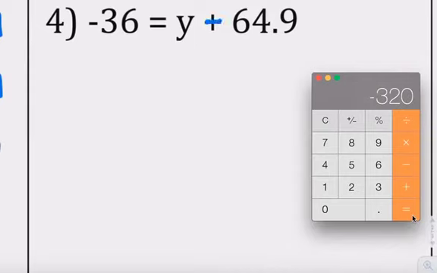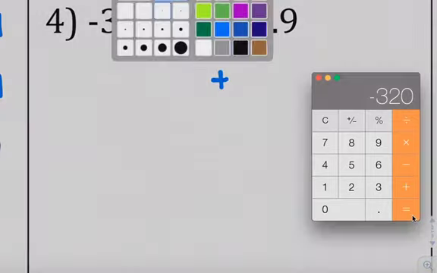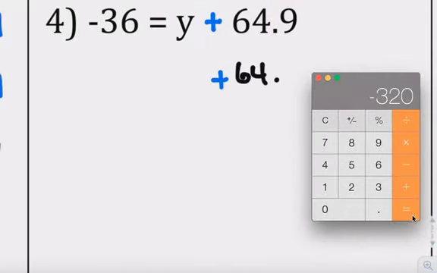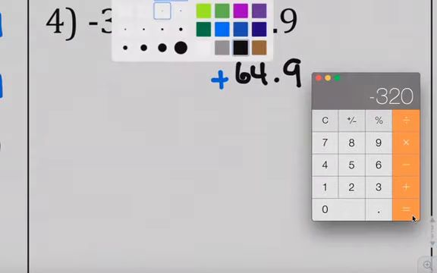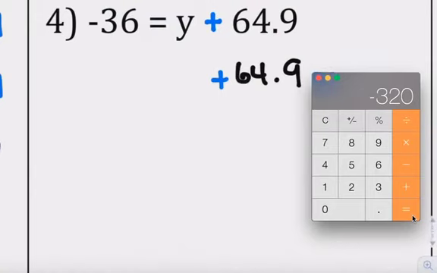This is add that. Because you look for the add or subtract, you need to make that equal to 0 because this is add 64.9. You have to subtract 64.9 to make it equal to 0. Okay? That gets you a 0.